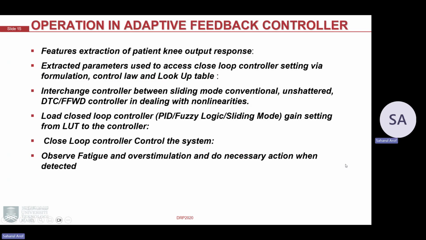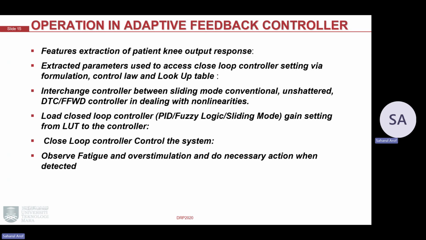Operation in a feedback adaptive controller: the adaptive feedback controller has feature extraction from the output response. The feature extraction extracts parameters which are later used to access a lookup table to find the best settings through formulation, controller, and lookup table.